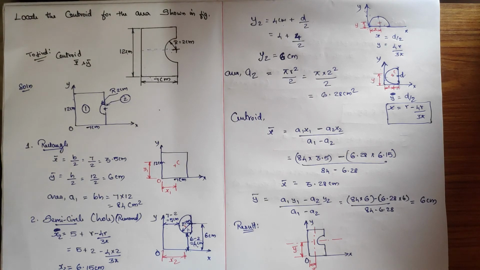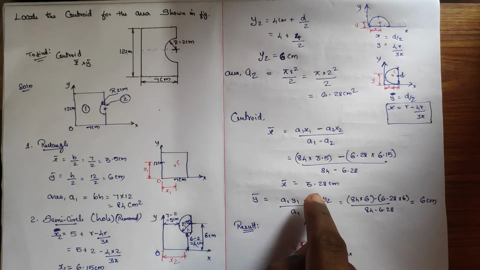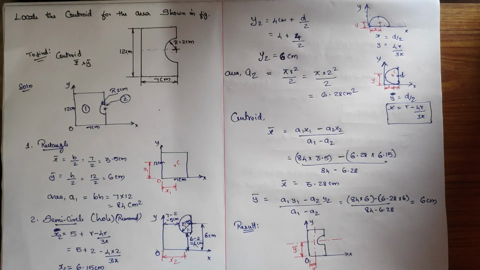For the y bar, sum of first moment of area about the x-axis divided by total area. When you put it, you will get x bar equal to 3.28 and y bar 6 centimeter, and afterwards locate the result with the help of x bar and y bar, where the point C is.